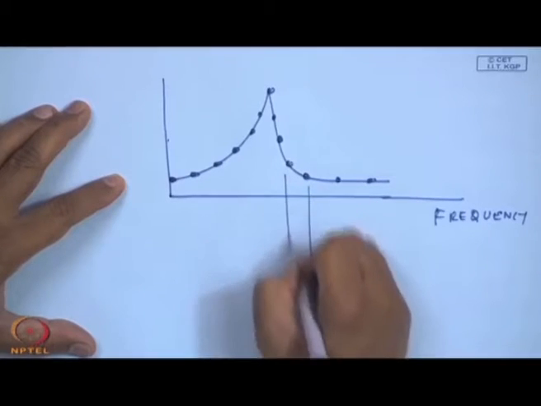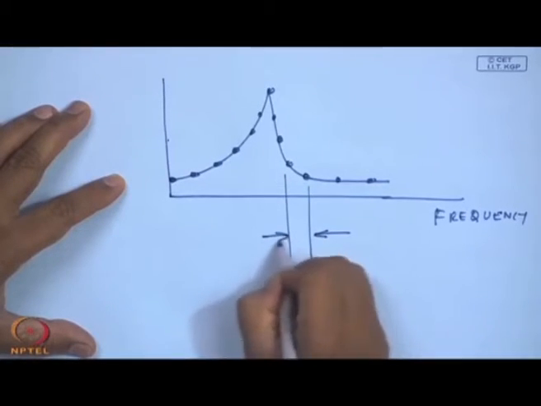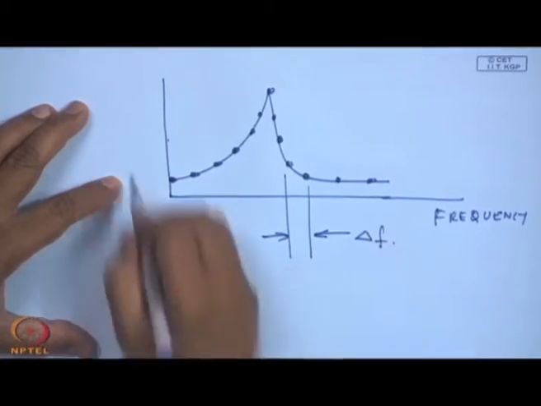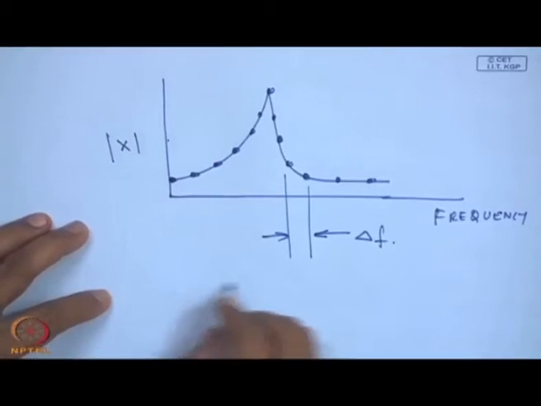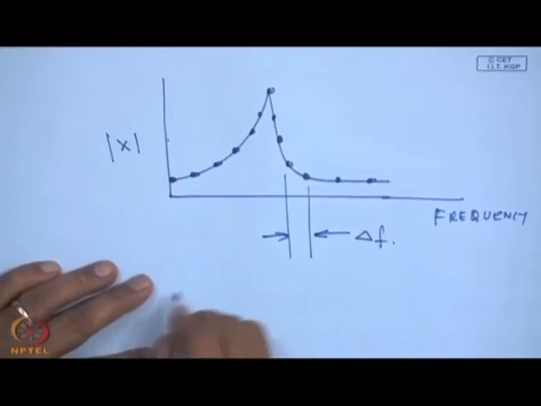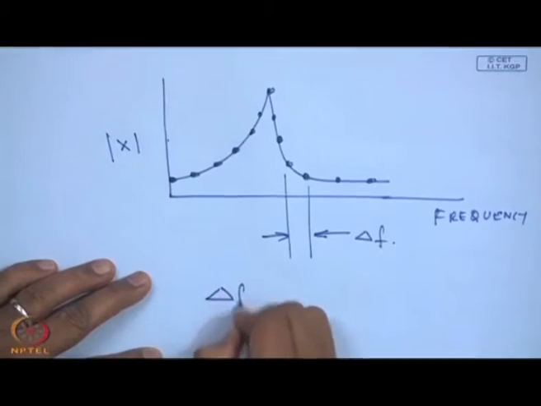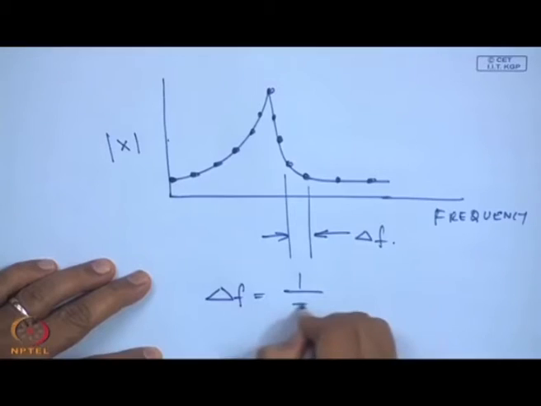So, the typical spacing between any two consecutive points is delta f. So, there is an inverse relationship between the time and frequency, and that is the most fundamental relationship.